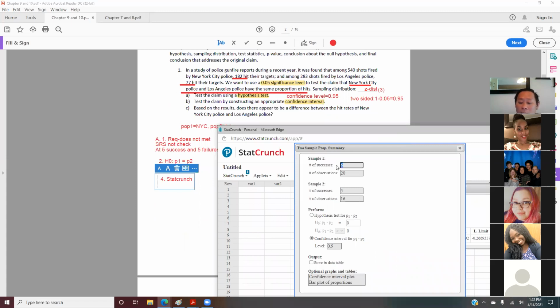What is the number of successes for New York City? They hit their targets 182 times, and 540 shots were fired. And for LA it's 77. And how many were fired? 283 shots, right?